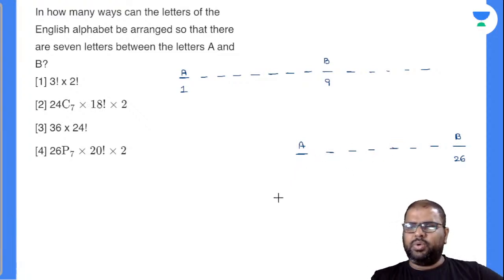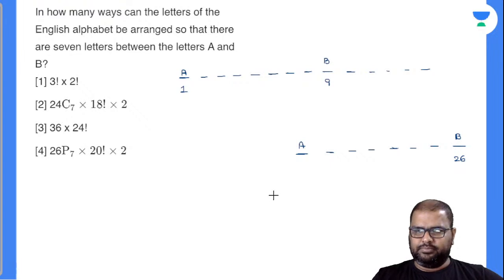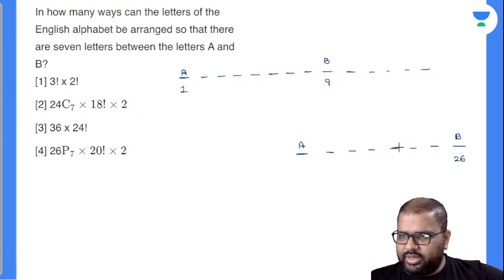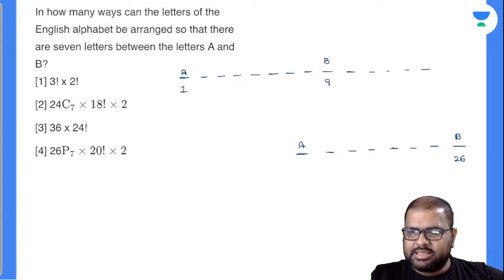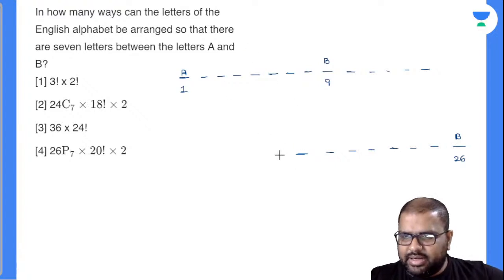Did we miss out anything there? 7 letters have to be there now. Now this is A. 1, 2, 3, 4, 5, 6, 7. 25, 24, 23, 22, 21, 20, 19, 18 position.